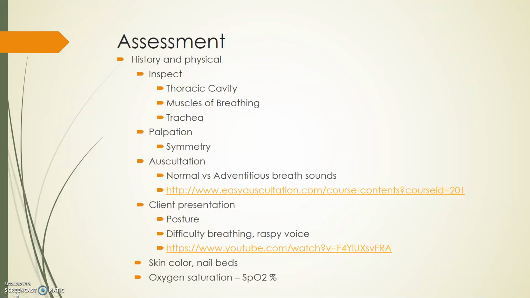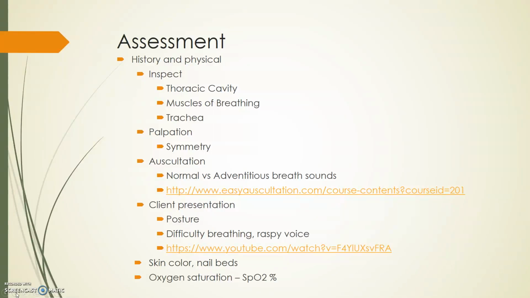Okay, so your assessment. Again, we're going to do this in class. You want your history and physical, and we will talk about the types of questions to ask. We want to inspect the thoracic cavity. We want to make sure that we're not seeing accessory muscles being used for breathing. We're going to look at the trachea, make sure that it's midline, that it's not displaced to one side of the neck or the other.